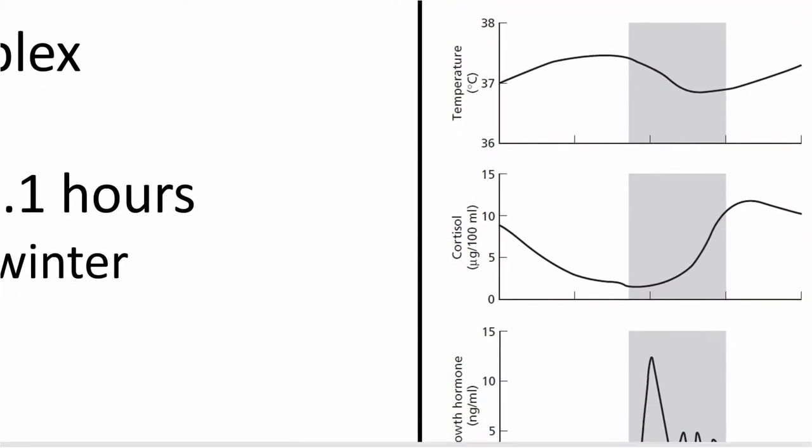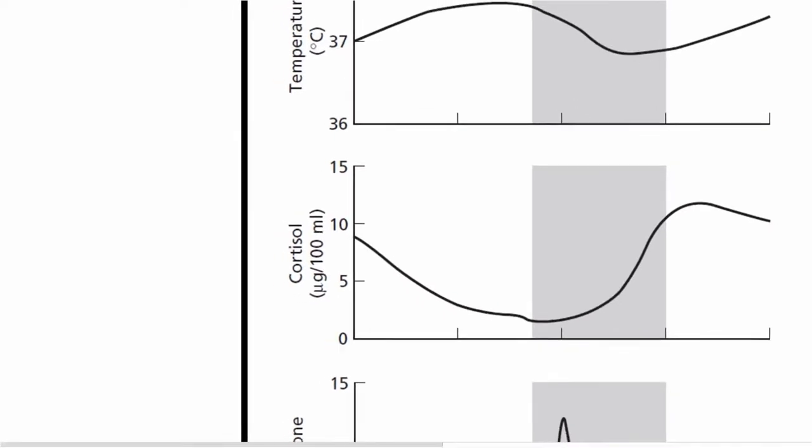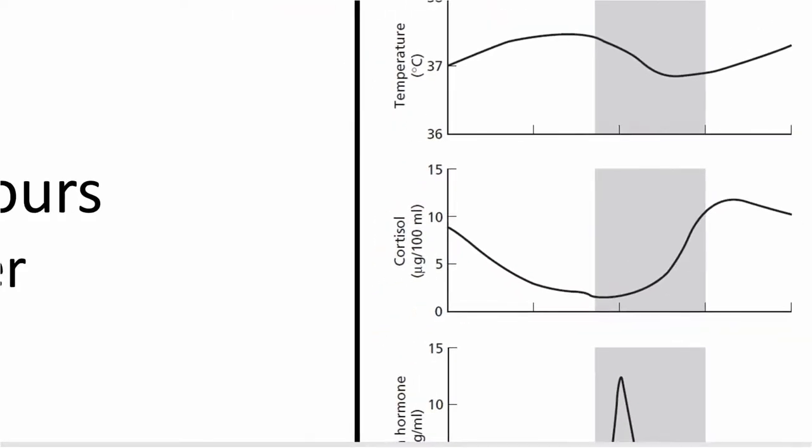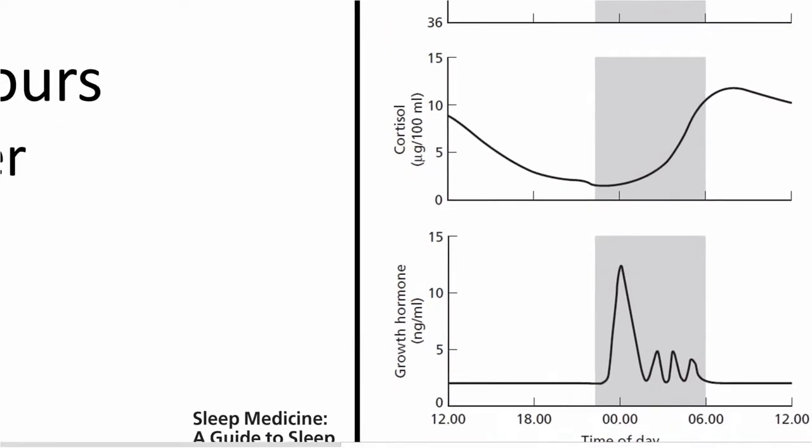Cortisol is a stress hormone. It's one of the reasons why diabetics tend to have very high sugars in the morning. Since we're fasting and we're not really eating, it's one way your body makes sure that you're receiving enough nutrients in terms of glucose.